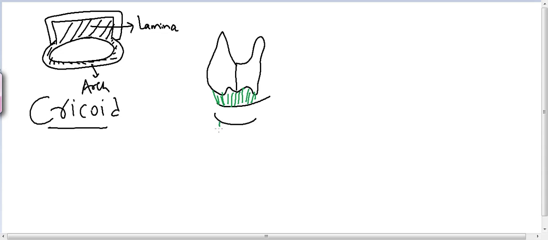Also, it is attached to the trachea below by cricotracheal membrane. So there is one membrane below, cricotracheal membrane, and there is one membrane above that is called cricothyroid membrane.